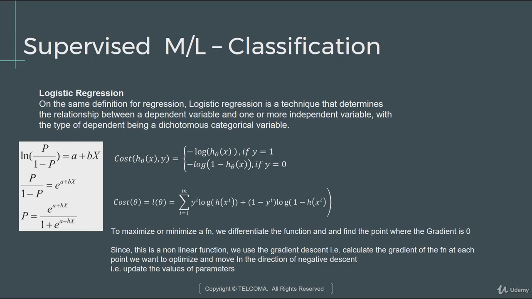We have a nonlinear function and we use a gradient descent algorithm to calculate the gradient of the function at each point we want to optimize. And we move in the direction of the negative descent, and eventually we reach the most optimum point. When we reach it, we finalize that as the values for the parameters. And at each step, we update the values of the parameter.